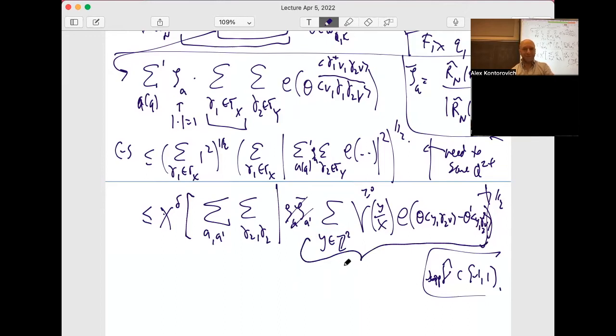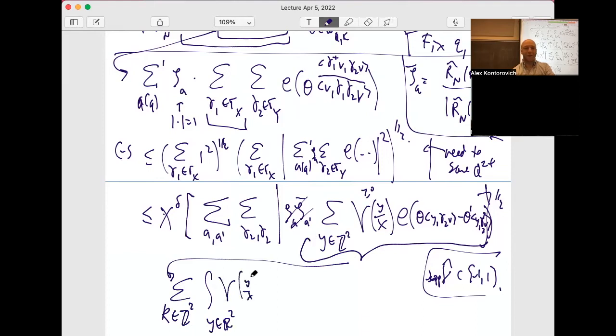Poisson summation. So the y sum is going to be Poisson summation, sum over k in Z2. We did this already, so let me go a little bit faster. So this upsilon of y over x, e to the 2 pi i. Let's clean this up a little bit. The theta, I'm going to attach to the gammas.